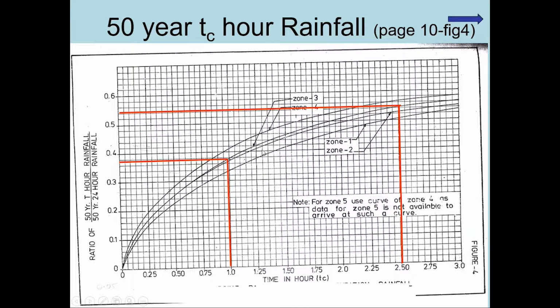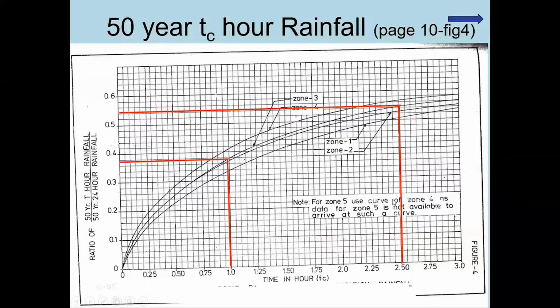Similarly, in this graph, one thing I just missed, that these are the lines for which the ratios are to be read. These are for zone 1, 2, 3 and 4. For zone 5, you have to use the graph for zone 4, which has been mentioned here.